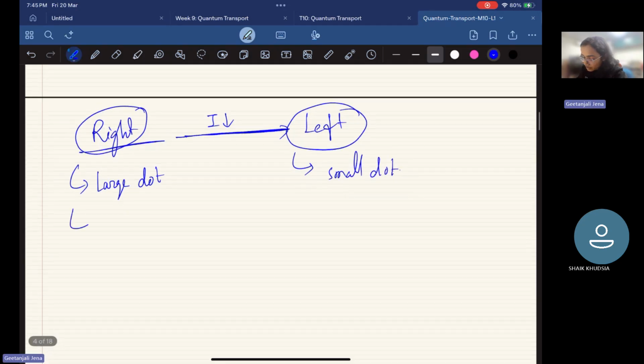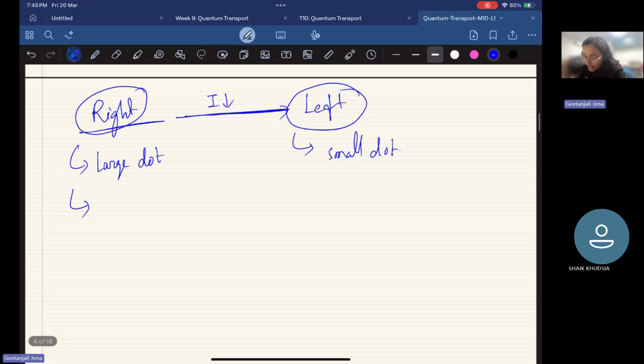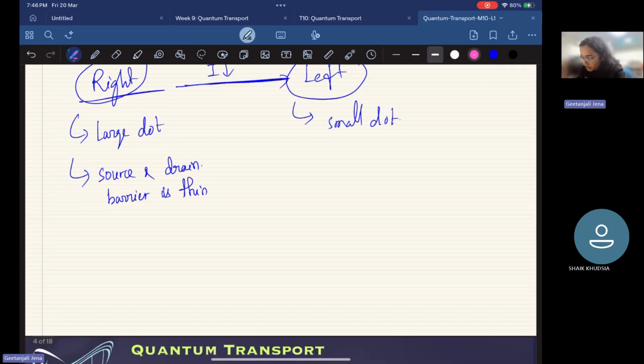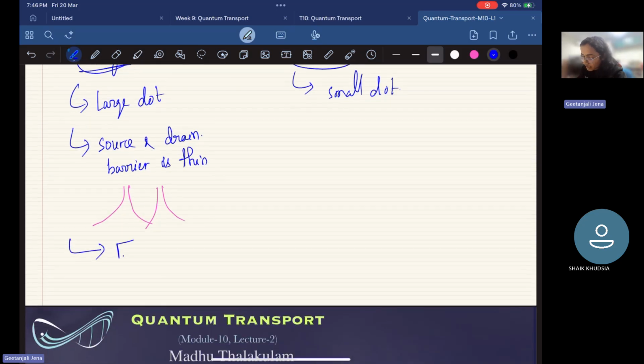And for the right, the current is high, which means the source and drain barrier is thin. So in the picture, what we mean is that this source drain barrier is thin. That means the tunnel rate, because it has a thin barrier, the tunnel rate, which is gamma 1, 2, we have seen earlier, is high.